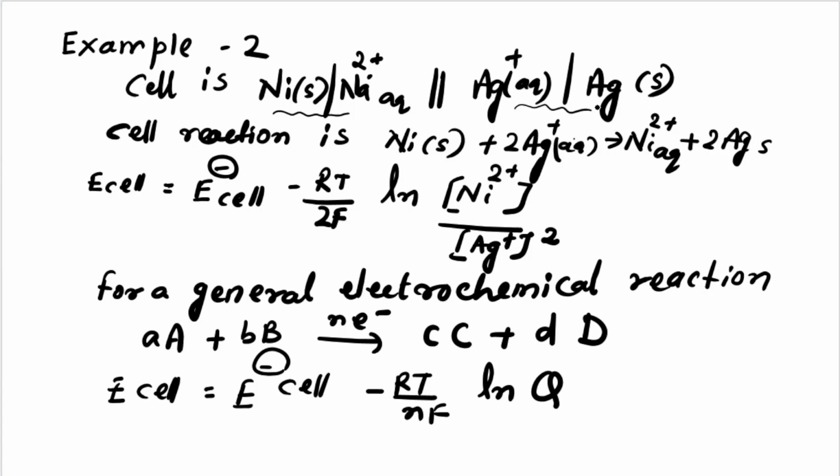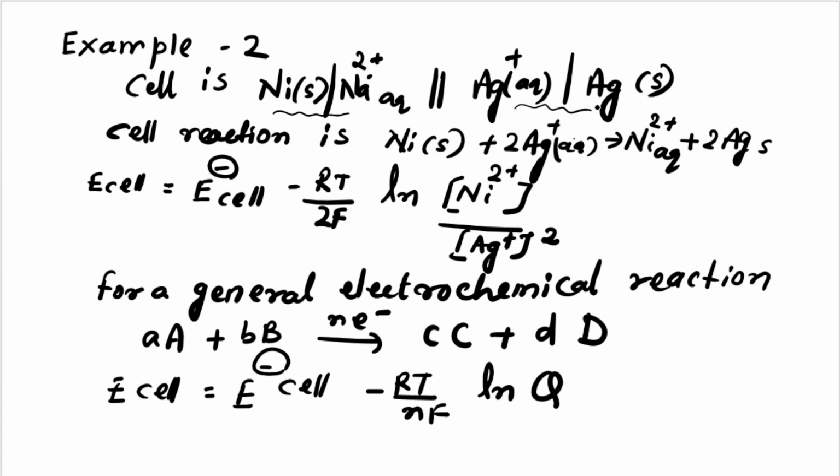So here E cell equal to E0 cell. E cell means the electrode potential of the cell, E0 cell means the standard electrode potential of the cell. The cell given is nickel oblique Ni+2, salt bridge, Ag+1 oblique Ag.